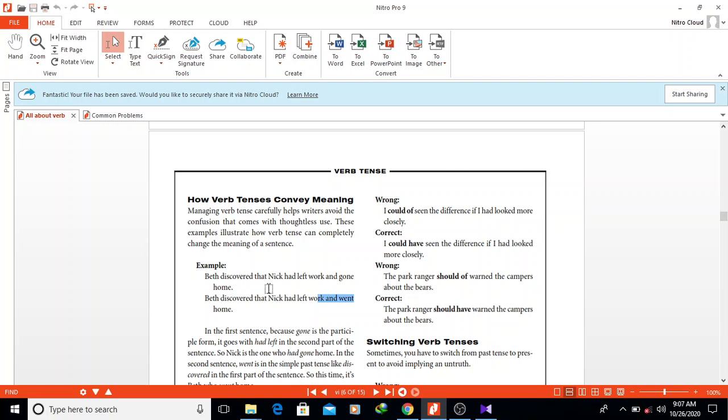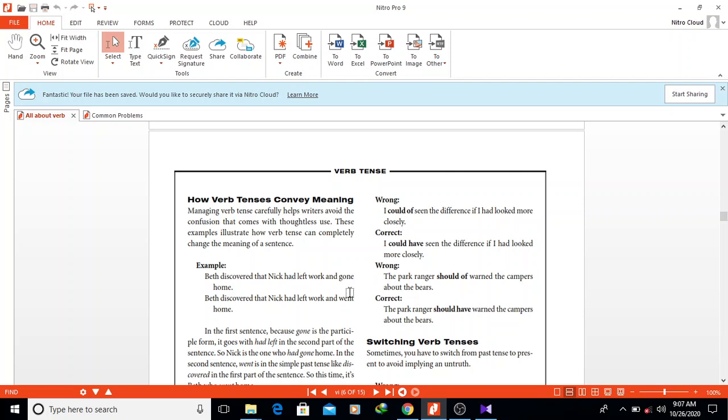One is Beth, the second one is Nick. For Beth, the verb is in the past form, while for Nick, the verb is in the past participle form.